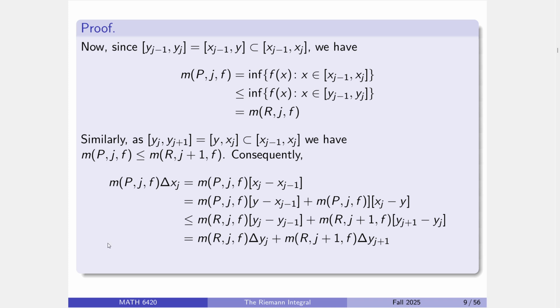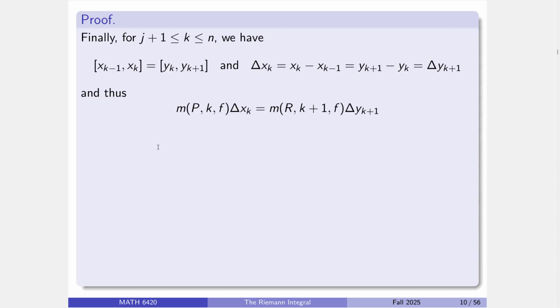And if we multiply in the width here, well, that width we can split up with the y, and each part here is less than the individual ones. And there we go, at the j moment in the Darboux sum, this part is less than these two. So now when I look at the j plus 1 subinterval for x, well, now everything just lines up.